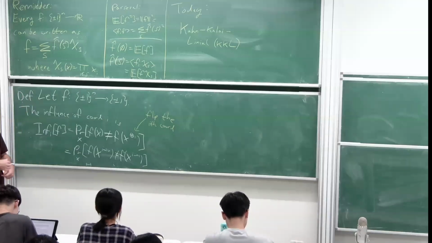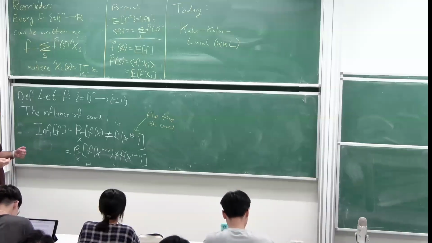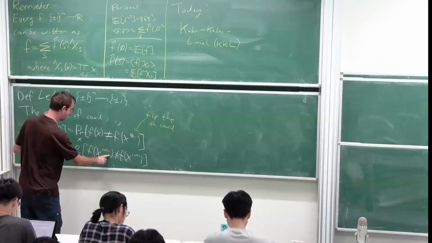So we choose all the remaining coordinates, and then I want to know whether, on average, coordinate i has an influence on the outcome. That should be -1. Right, thanks.